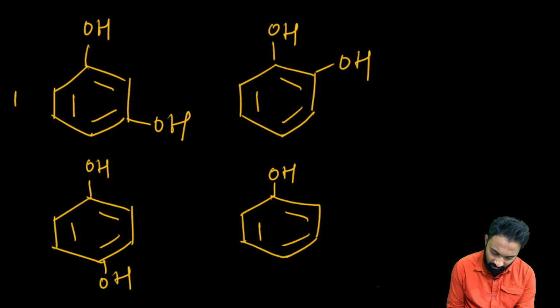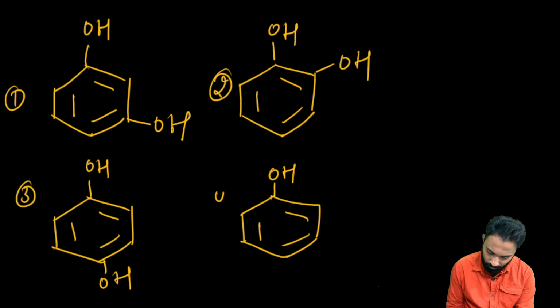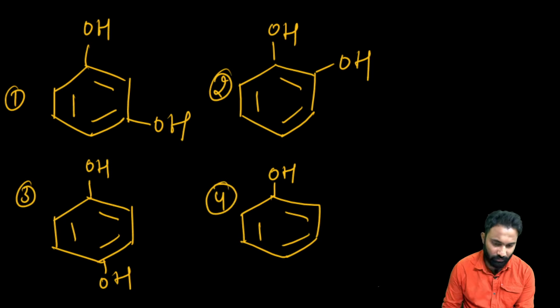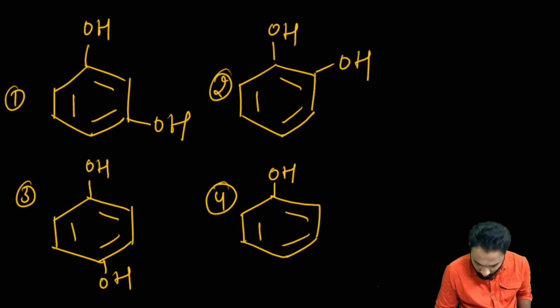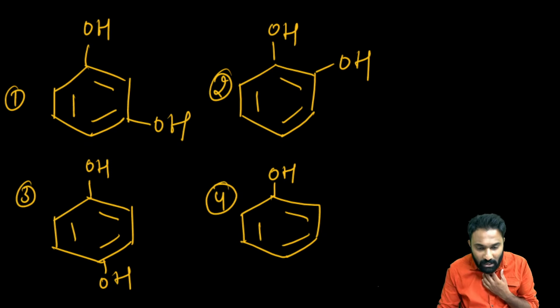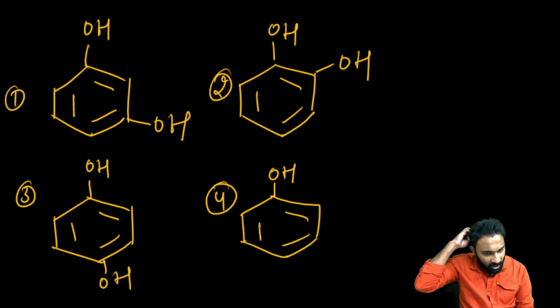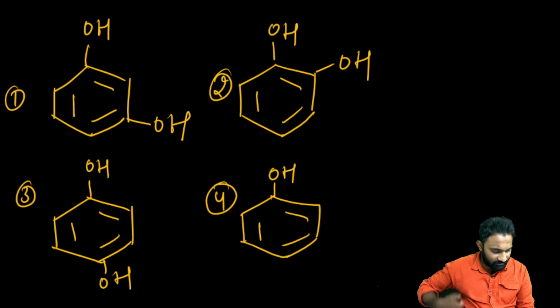Now among the 1 2 3 4, which is the more stable or which is the more acidic? Now you say the acidic strength order.